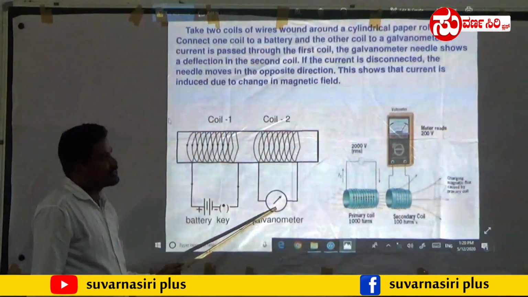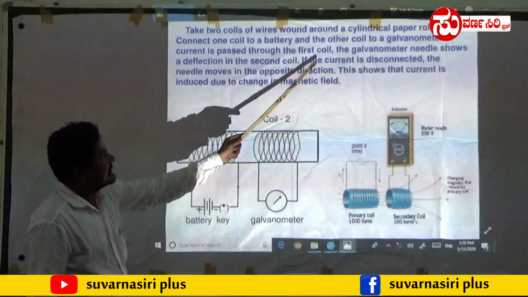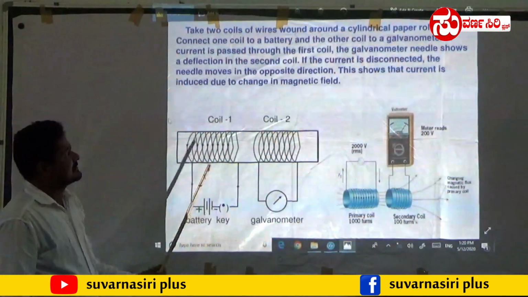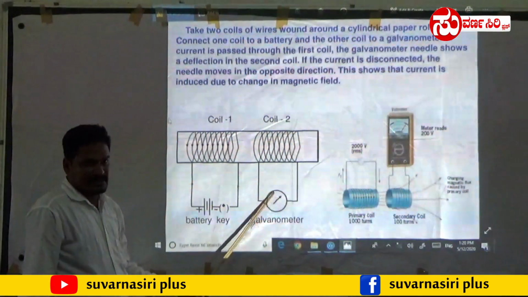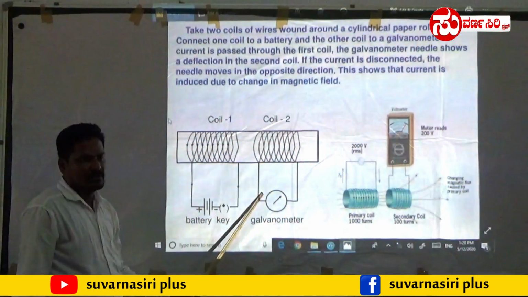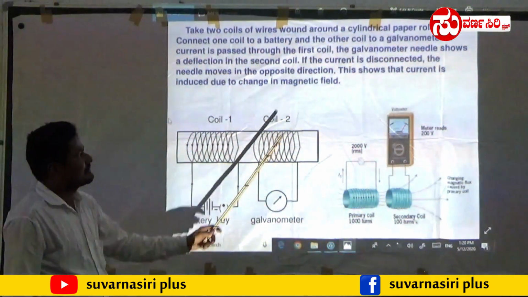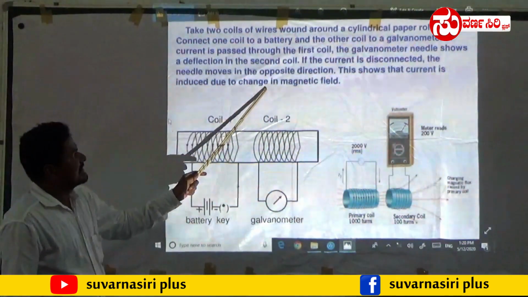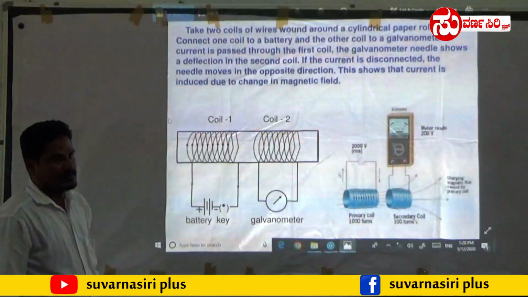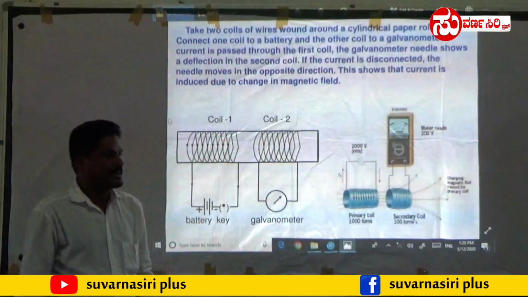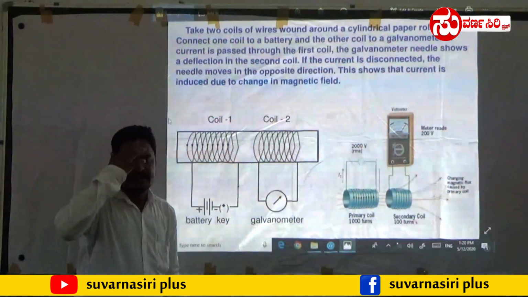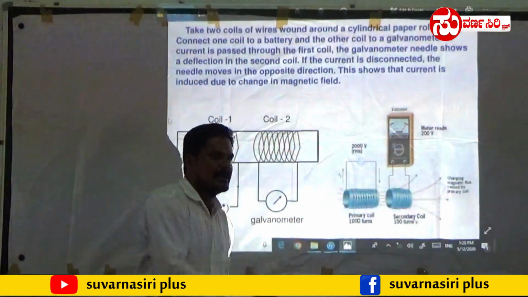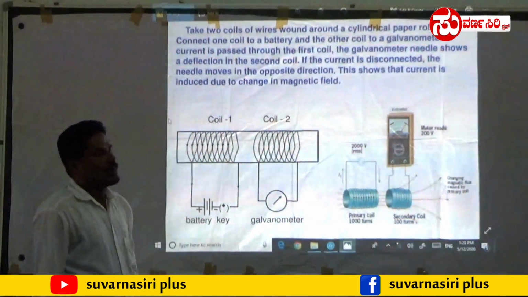If the current is disconnected, there is an opposite deflection, and then no deflection in the second coil. This shows that current is induced due to a change in the magnetic field. According to Faraday's experiment, when the magnetic field changes, the current is induced inside the coil.